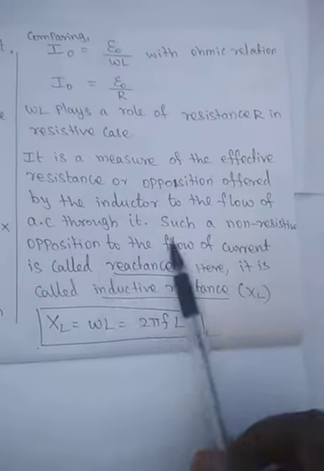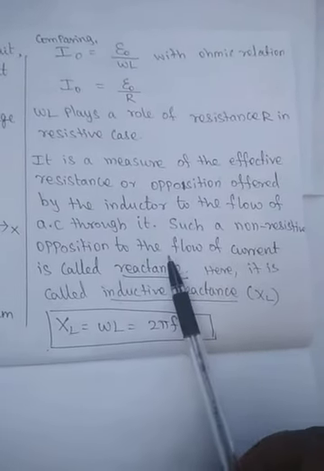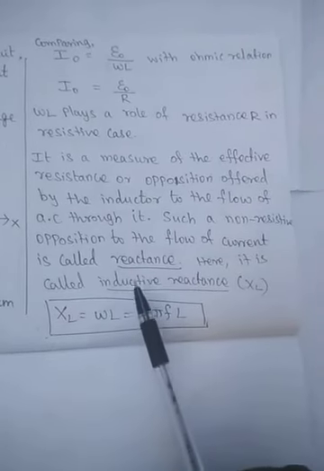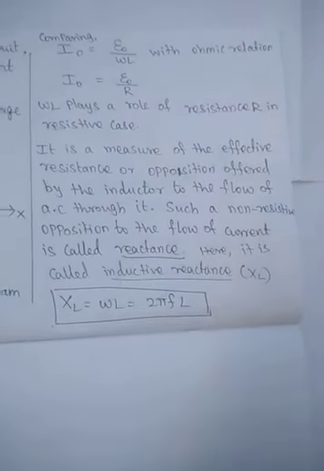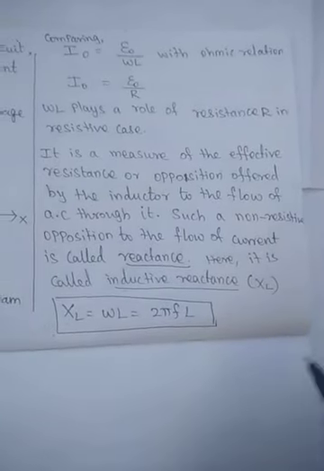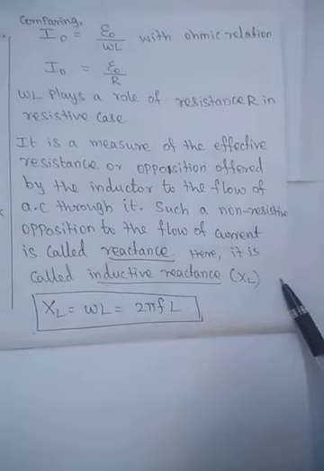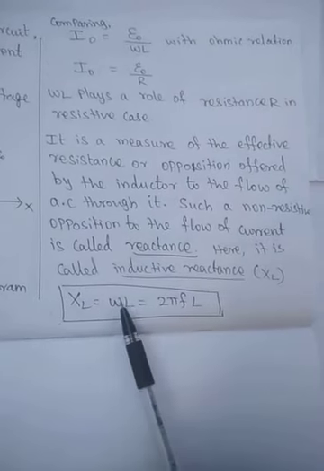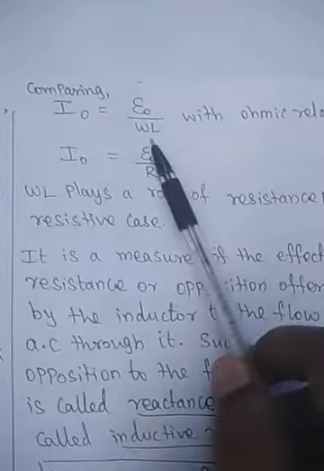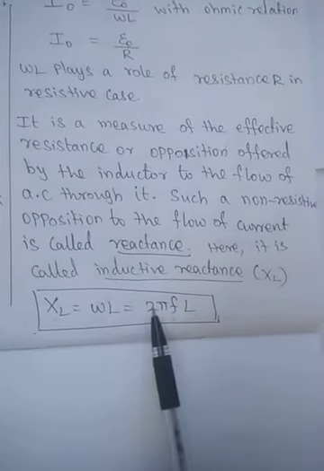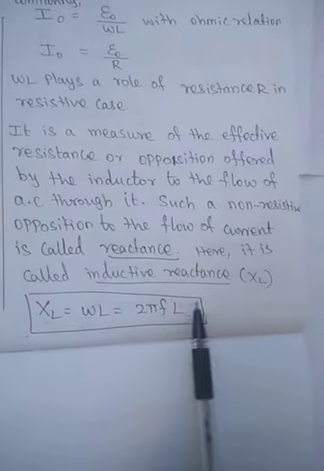It happens in the inductor, so we give it the name inductive reactance. Inductive reactance is X suffix L, where L is for the self-inductor. So X L is equal to omega L. Omega is equal to 2 pi f, so substitute 2 pi f L.